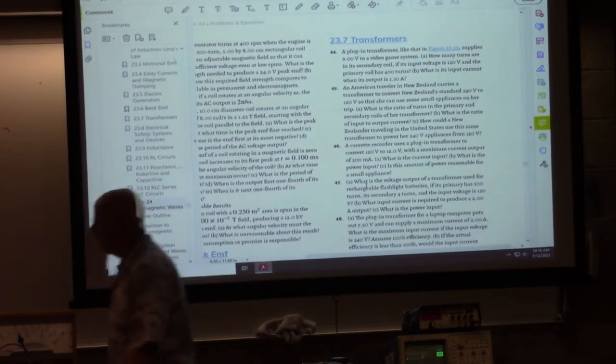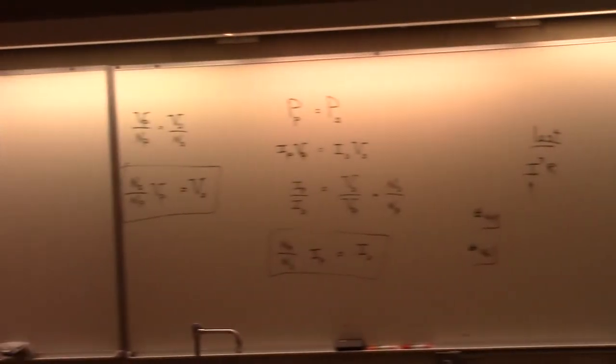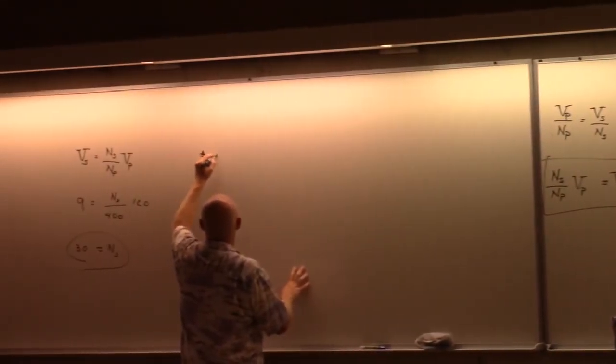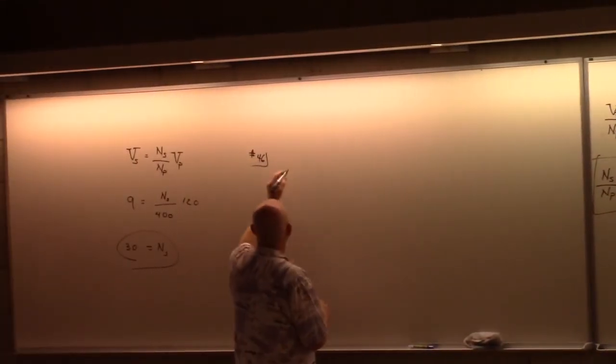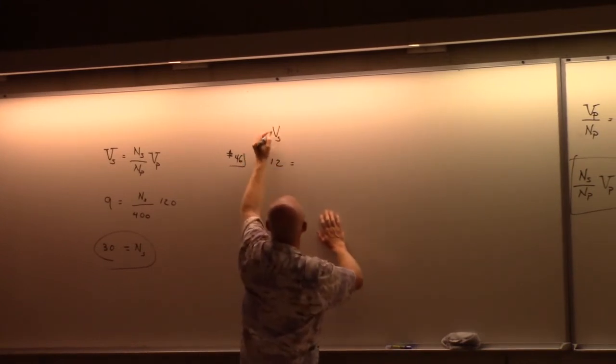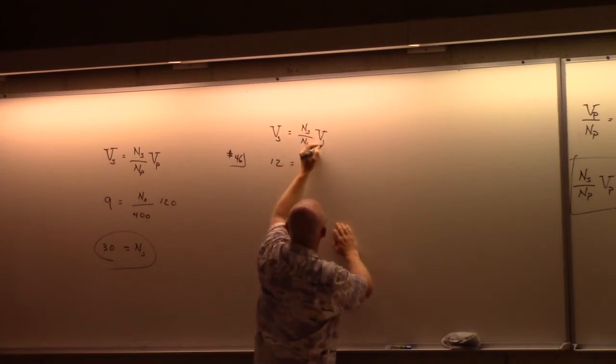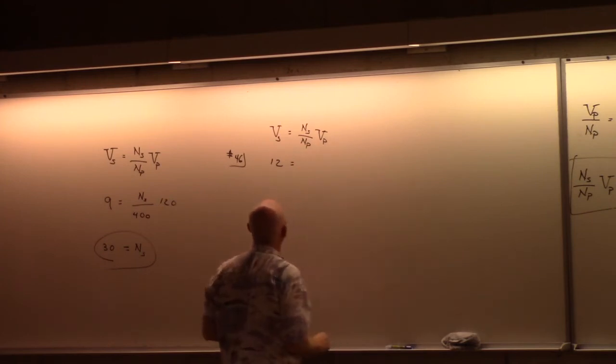All right, well, let me start with the given information, because the output of this, so if I take the voltage of the secondary, it's equal to the number of turns in the secondary over the number of turns in the primary times the voltage of the primary.